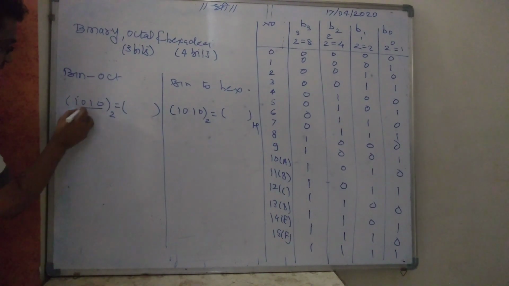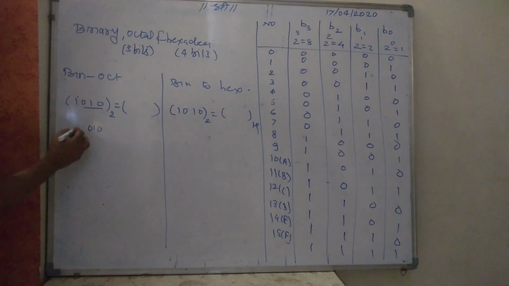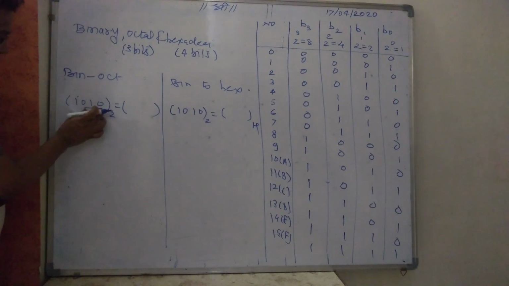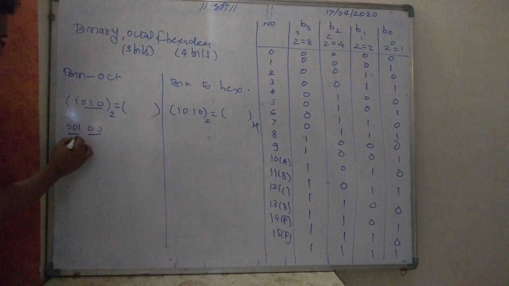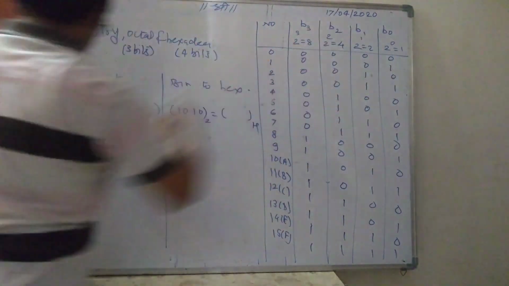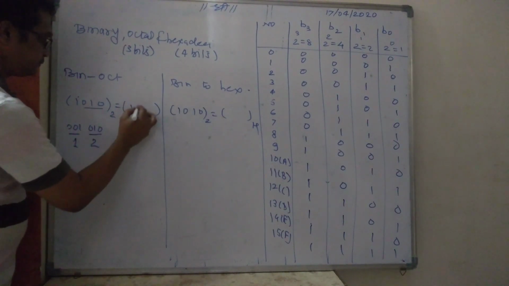These 3 bits. And this is 1. Add 0 0. Add zeros. Form a group of 3 bits. There are 4 bits, 1, 2, 3. First group, this is only 1. Add zeros. So this is equivalent to 1. 0 0 1 is 1, and this is 0 1 0, equivalent to 2.